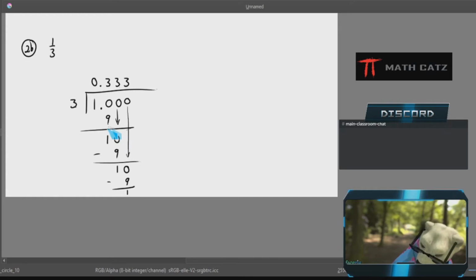So you see here, there's a repeating section which means I'm never going to get a remainder of 0. This is going to go on forever. So there are decimal numbers that repeat forever, and we just put a little line over it. Some use a dot, I prefer a line, to indicate that the 3 is repeating forever. So that's the downside, unfortunately, of decimal numbers.